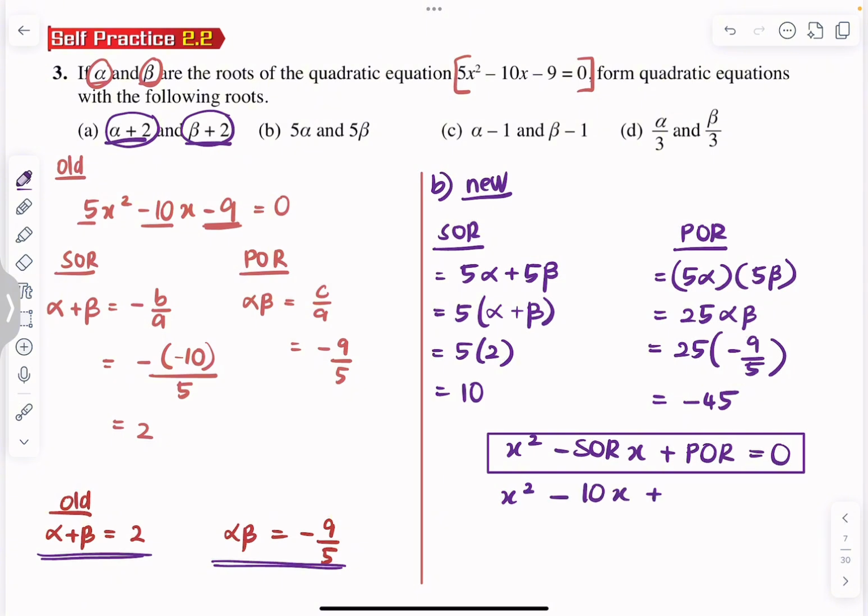Product of roots will be minus 45. So plus minus, we just write minus. This will be our final answer. That's it. Okay. Next we try C.